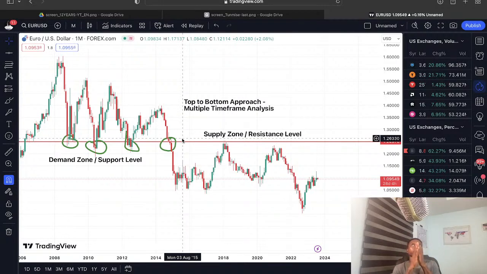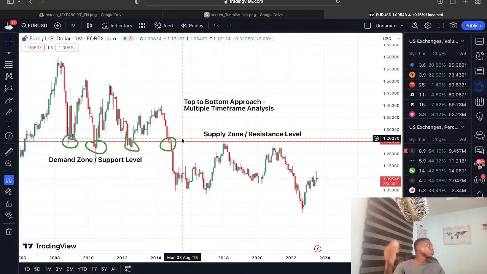The more price consistently touches a particular level, the weaker the level becomes. So it's more like slamming a hammer on a particular level. That level becomes weaker and weaker until it is not strong enough to hold any longer.